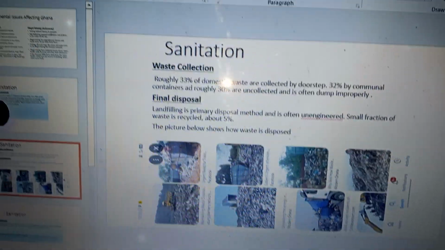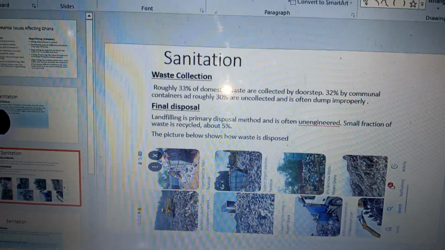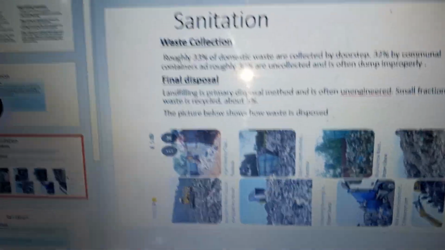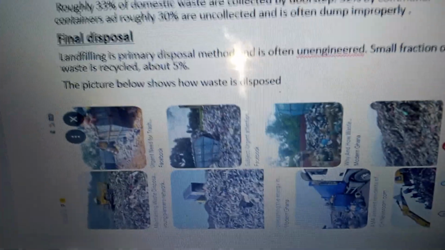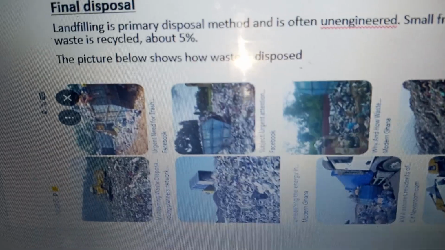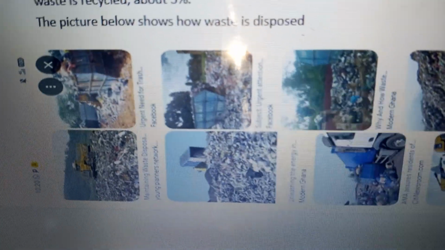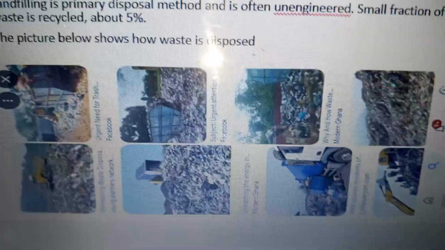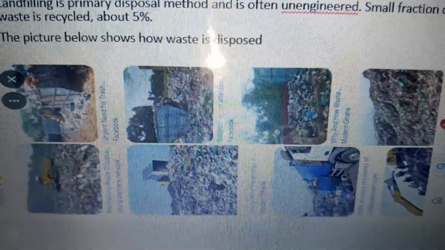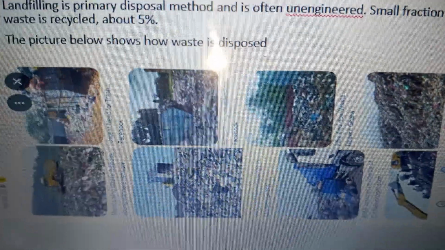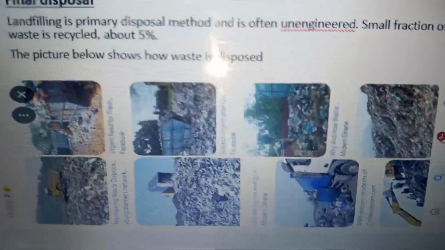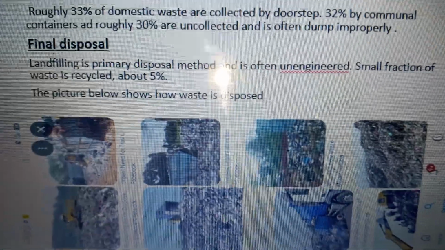Also, you could see the final disposal of waste. The picture down here shows how waste is being disposed of in Ghana. You could see there's a container where the waste has been disposed and then fell over, and all the ground has been filled with filth. This is how the waste is being disposed of.